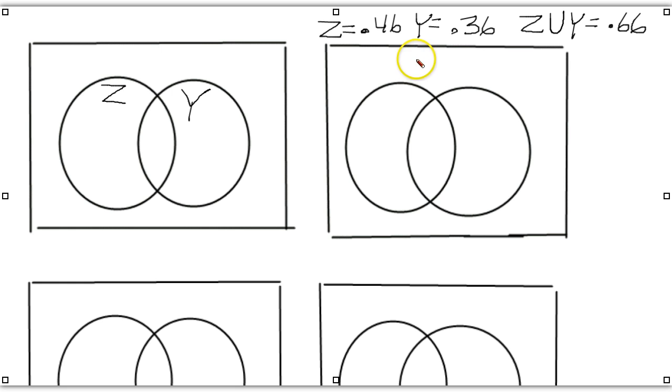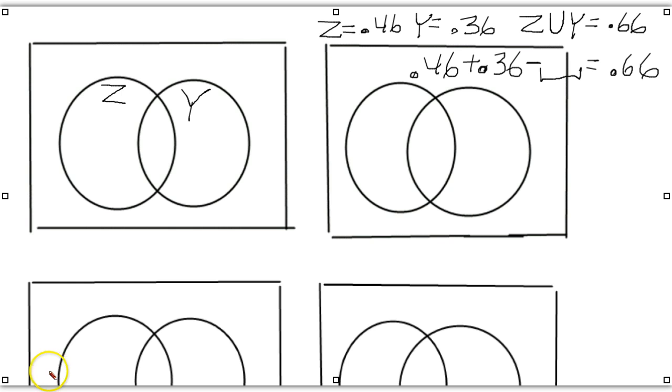So if we follow that same protocol, 0.46 plus 0.36 minus some value of where they intersect, this will reach 0.66.